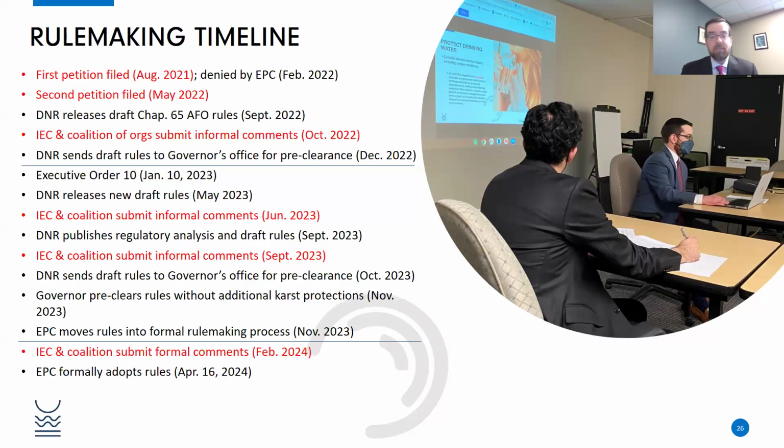After the governor's office did not approve those changes and instead approved essentially the existing requirements for karst terrain, the Environmental Protection Commission voted to move into a formal rulemaking process and ultimately adopted those rules without changes to karst terrain. As a result, we decided to take further action.